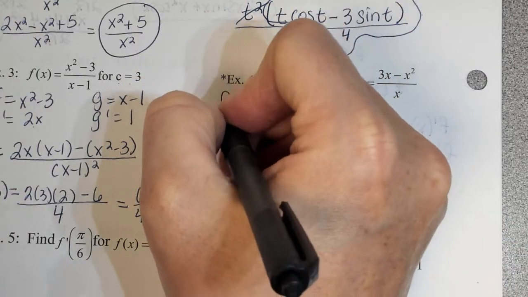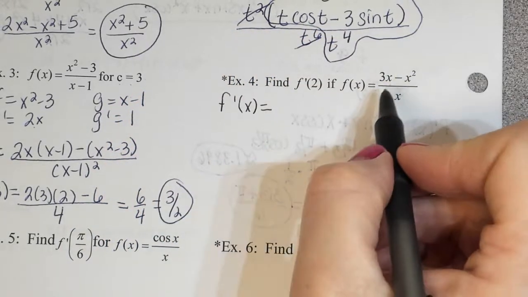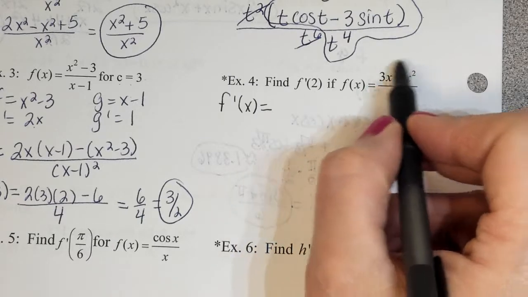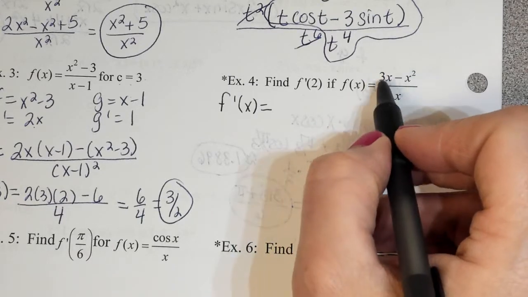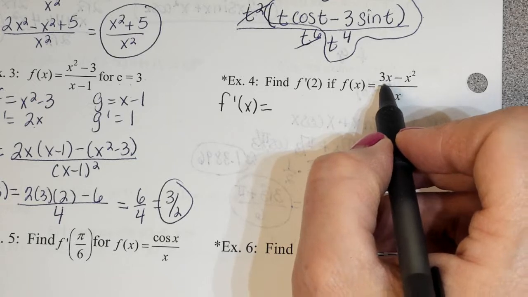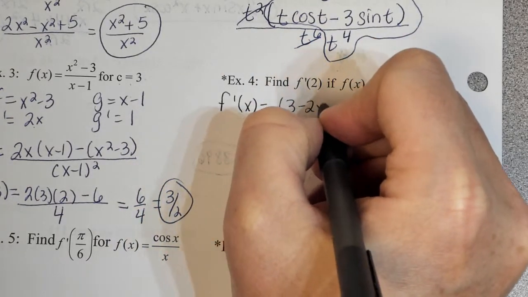So we're going to say f prime of x is equal to, what's the derivative of the numerator? Hannah, what is it? Take the derivative of this. Right. So we're going to have 3 minus 2x.